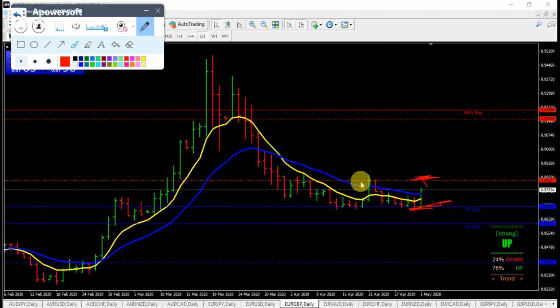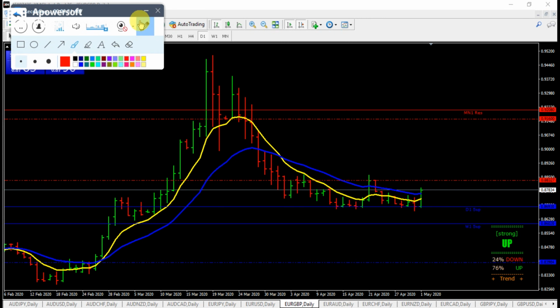As you can see, the previous time it touched the level, it came down. So what I'm expecting is that it will touch down here and then go up. In the long term, I'm expecting Euro GBP to go up, but we have to see how it's going to react in the upcoming week.